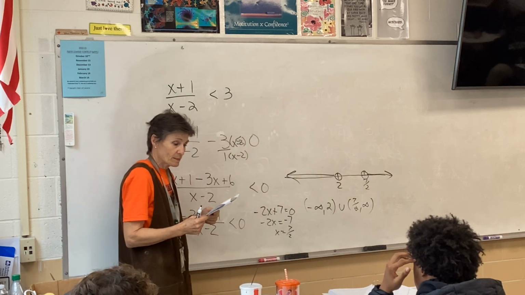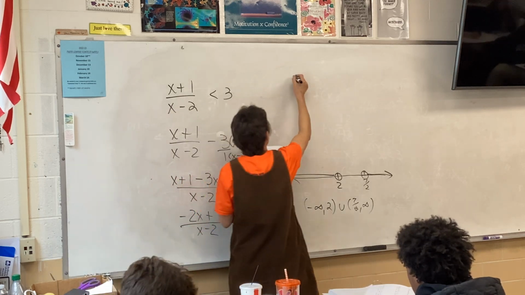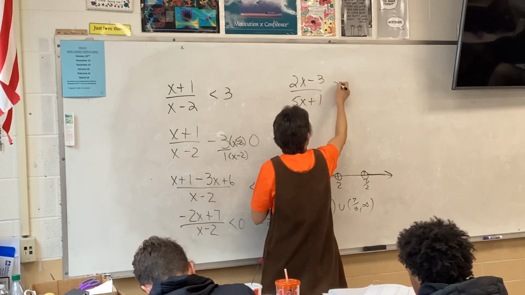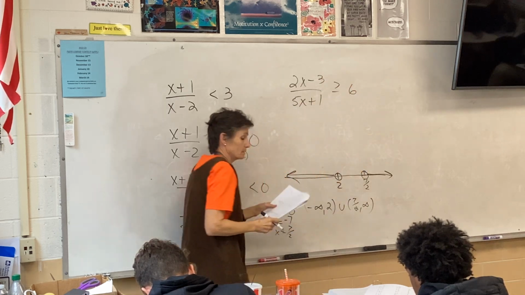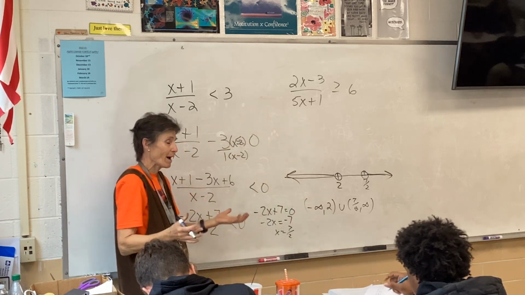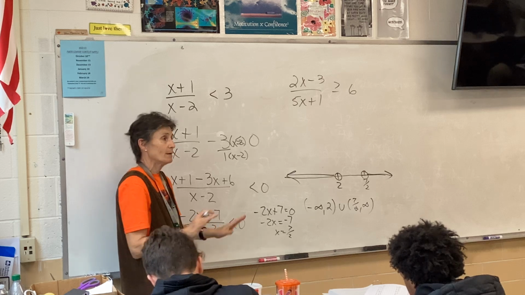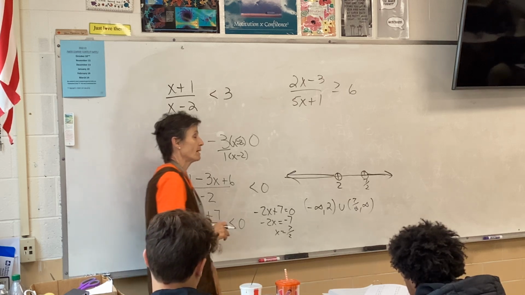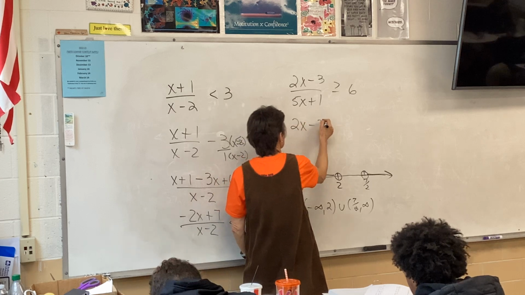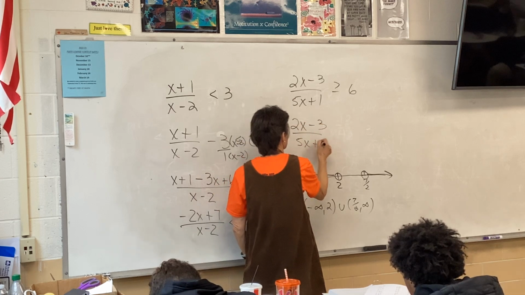All right, next one's exactly the same, here we go. Hopefully this makes a little more sense to you now. We're doing it without a calculator. Obviously, if we were graphing this on our calculator, it would be a different ballgame. But I'm doing it without a calculator. So I'm gonna subtract my 6 over.